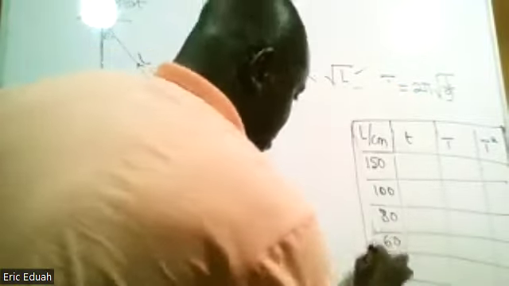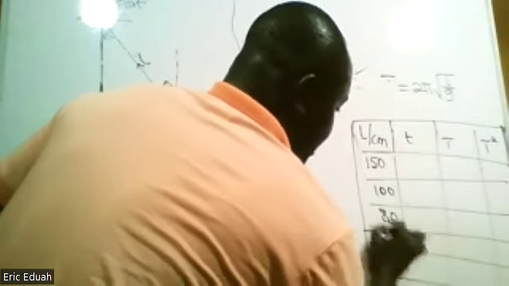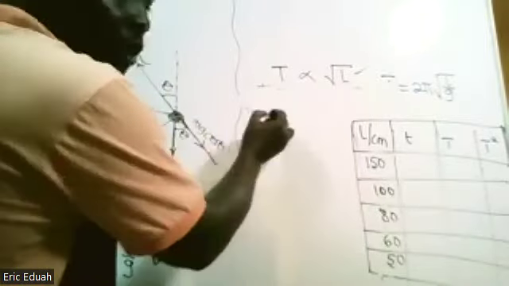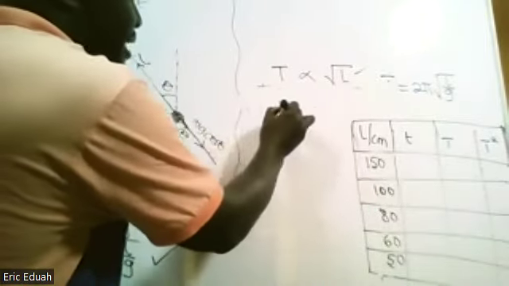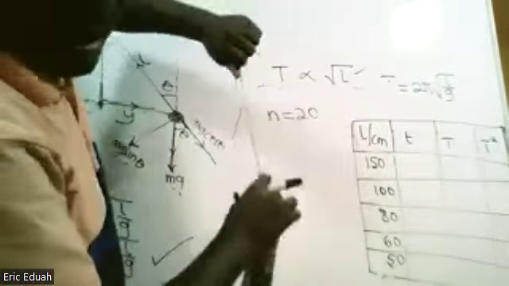So what we usually do is that you will be asked to determine the time using the stopwatch. Using the stopwatch, you are going to determine the time for maybe n equal to 20 oscillations. So this is how you begin the experiment.